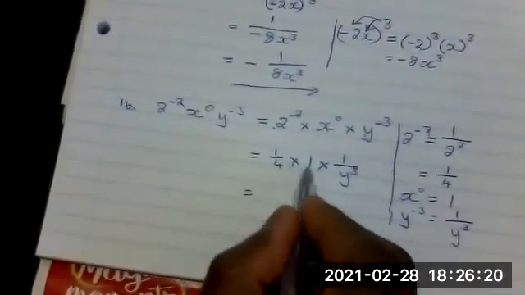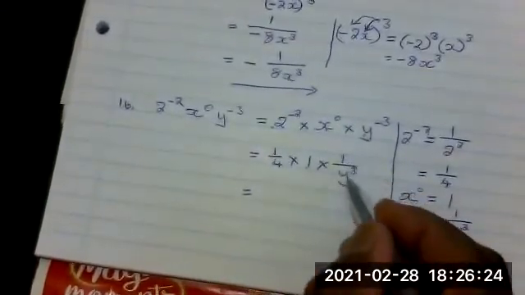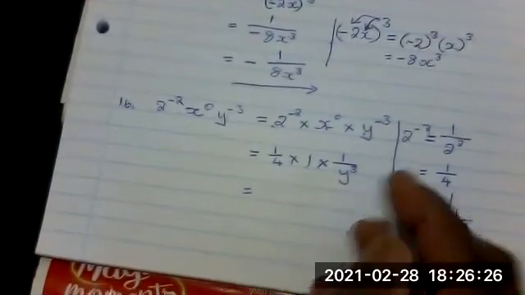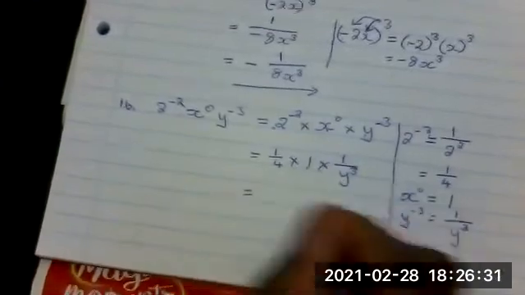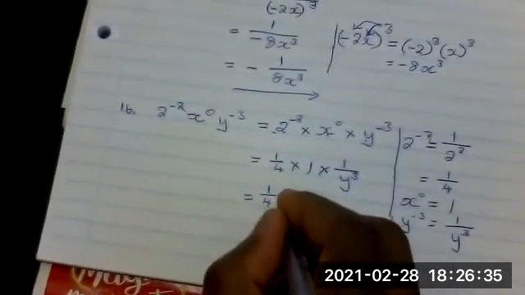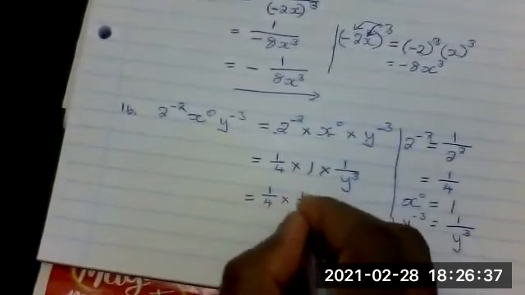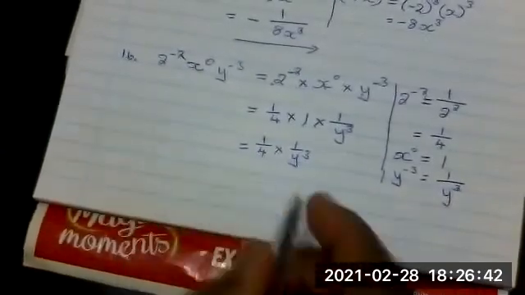1/4 times 1, it's 1/4, times 1 over y cubed. So I can say multiplication by 1, it doesn't change anything. So it means we just come up with 1/4 times 1 over y cubed, right? So we are multiplying fractions.